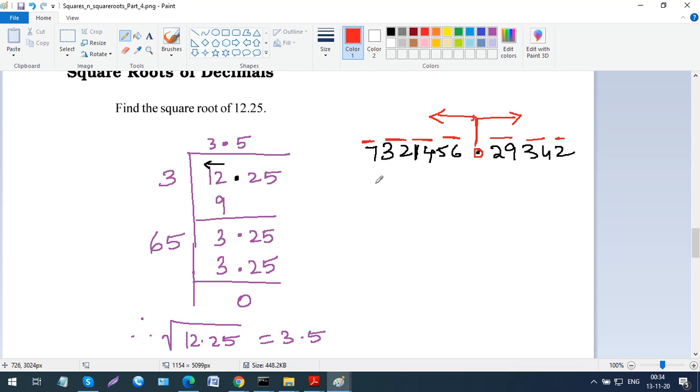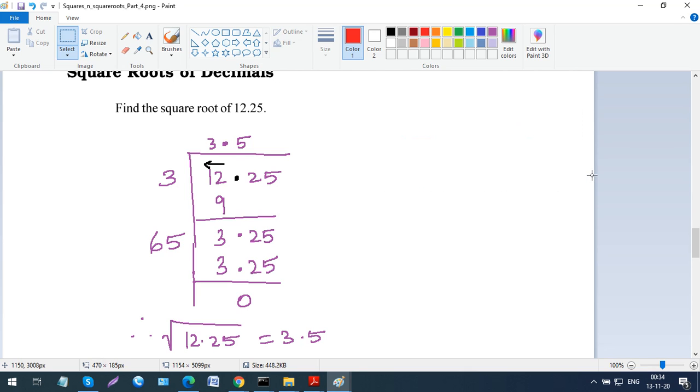All right, so now we will move to the problem. If you have this 12.25, the 12 gets paired like this, and the 25 gets paired to the other side like this. So 0.25.